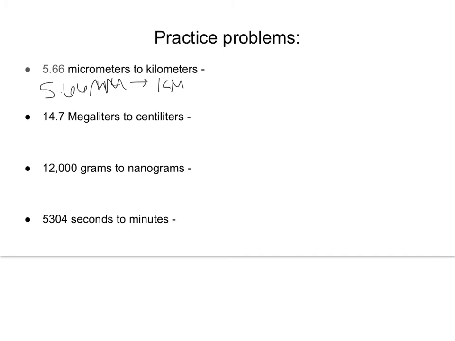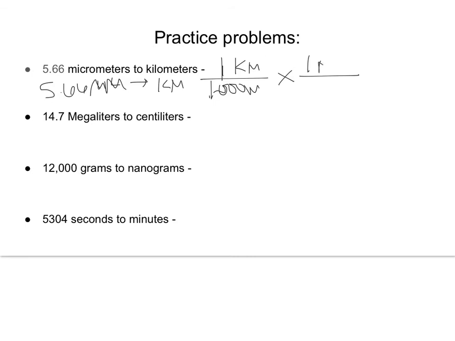Well, I would say, I want kilometers to be on top at the end. And I know that for every 1 kilometer, I go back to my conversions, I have 1,000 meters. Okay, I'm going to write with my hand. And then if there are 1,000 meters for every kilometer, how many micrometers are there in every meter?